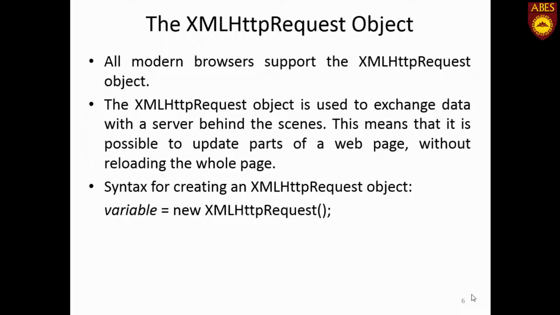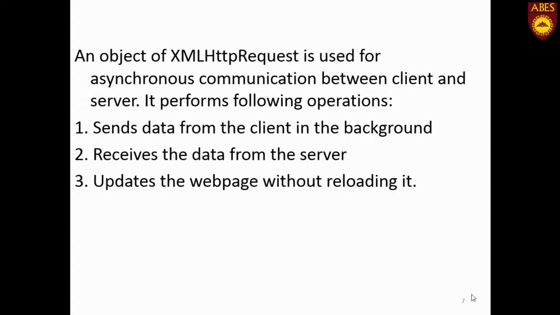This means that it is possible to update parts of the web page without reloading the whole page. The syntax is: variable equals new XMLHttpRequest. This object is used for asynchronous communication, as I said earlier, for a part of a web page, not the whole page. So asynchronous communication between the client and the server can be performed.